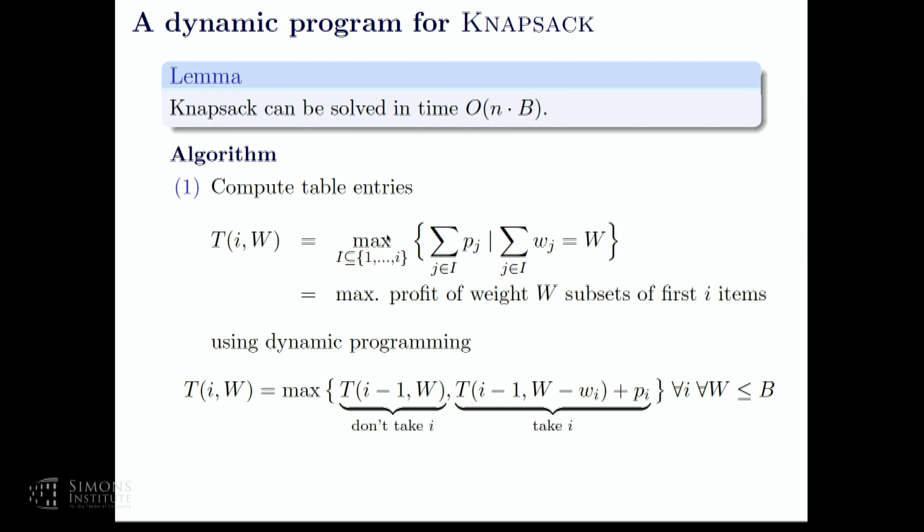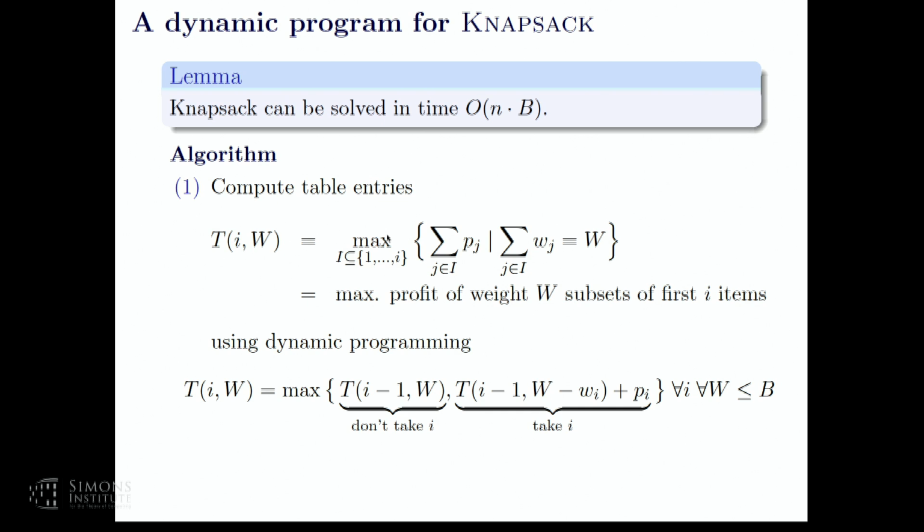Let's call this a table entry depending on some index I and some parameter W. And this is supposed to be the maximum profit that you can get by taking a subset of the first I items so that their weight adds up to precisely W. And this is just the formal definition of that. OK?